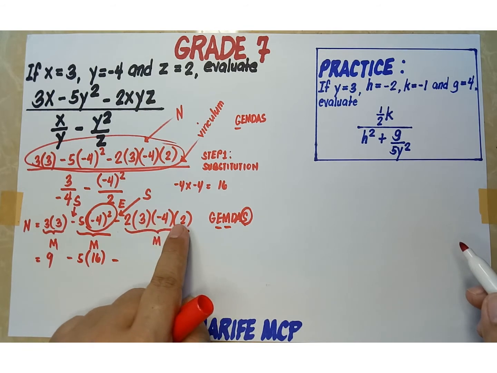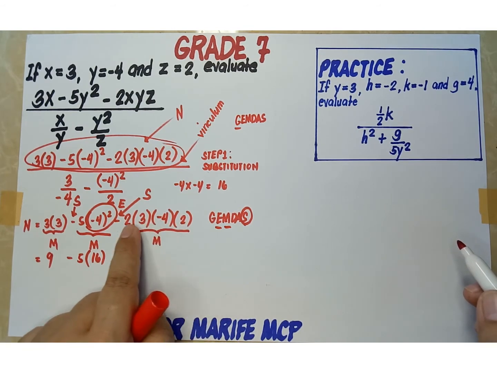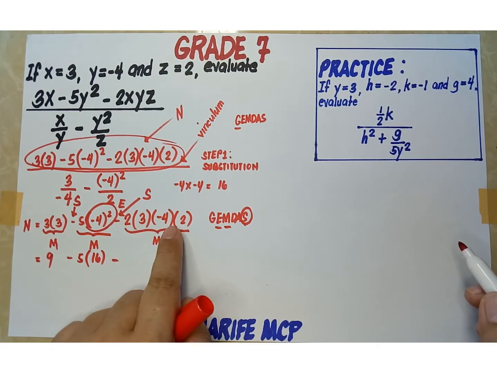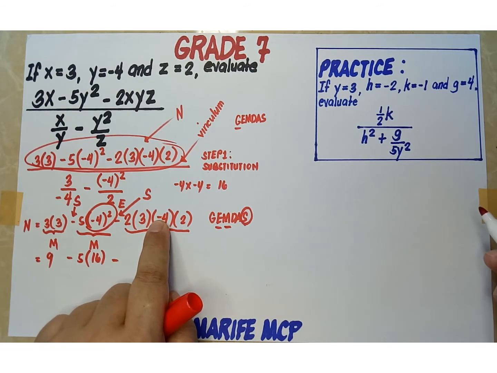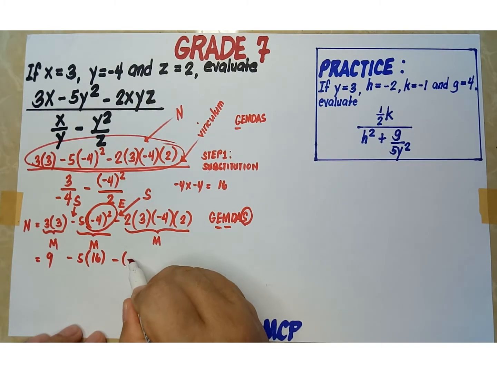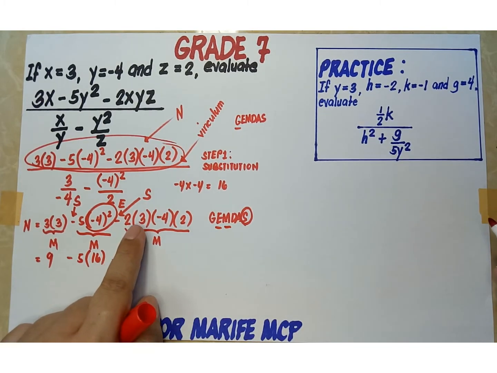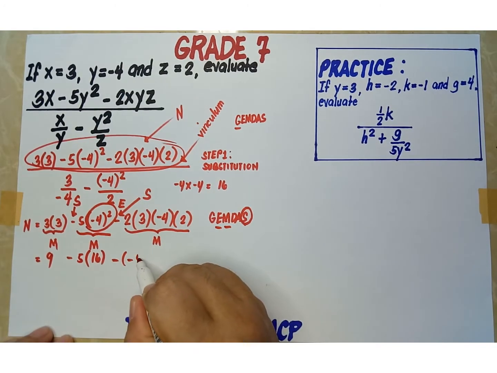Minus, multiply mo na rin ito. First, count the negative signs. So it's 1. Ang product should be negative because 1 is an odd number. If the number of negative signs is odd, the answer must be negative. So, negative 2 times 3, 6 times 4, 24 times 2, 48.